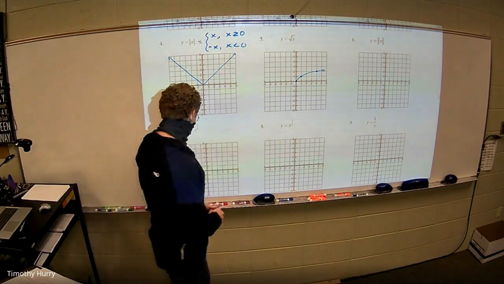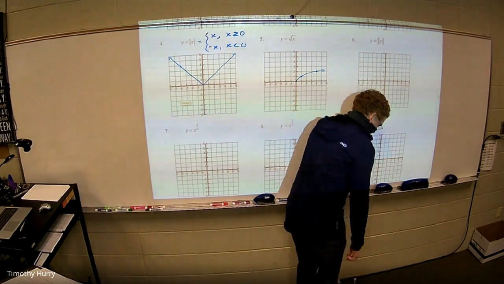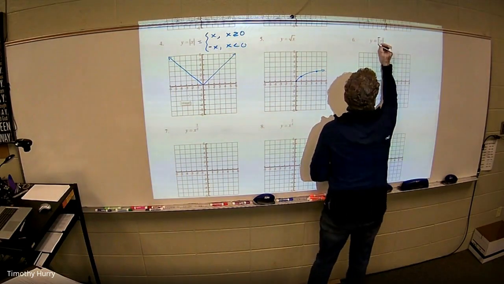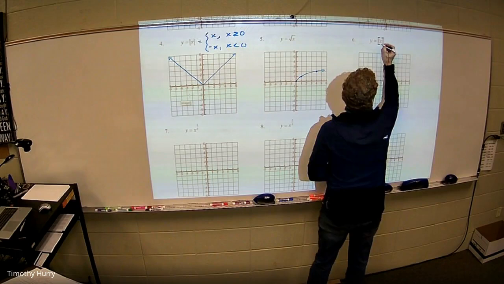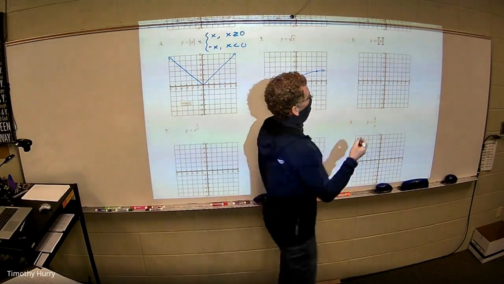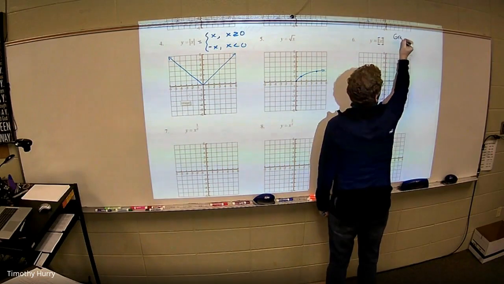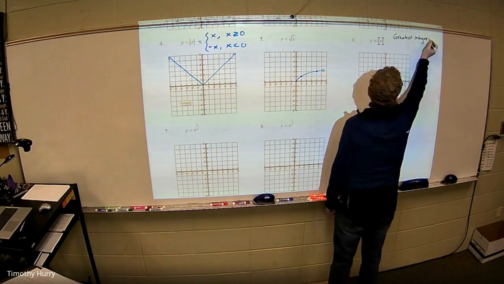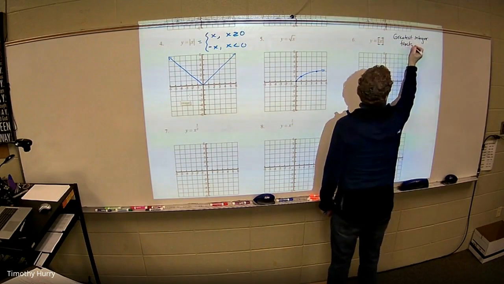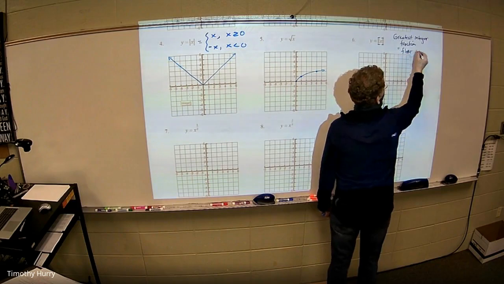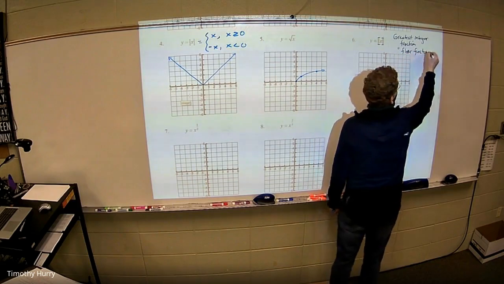Now this other one, when I told you about this one, this should have, and it will on your tests and stuff like that, these little bars on the top that kind of just go in. It's called the greatest integer function. Another name for it is a floor function.